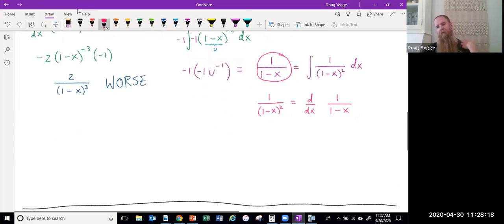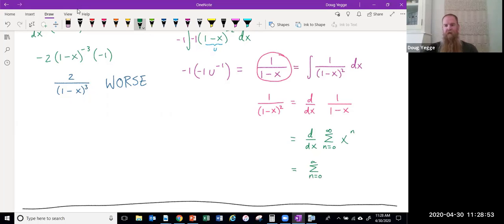Essentially, this had a nice integral, so that means 1 over 1 minus x squared is the derivative of this nice power series. So I can rewrite 1 over 1 minus x squared as the derivative of the sum from n equals 0 to infinity of x to the n. But as we just derived down below, the derivative of a sum is the sum of the derivatives.